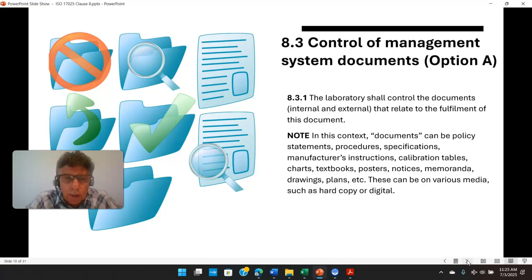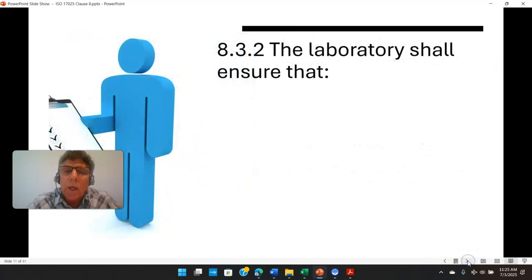And it says note in the standard: in this context, documents can be policy statements, procedures, specifications, manufacturing instructions, calibration tables, charts, textbooks, posters, notices, memoranda, drawings, plans, etc. These can be on various media such as hard copy or digital, but you do have to control your documents.